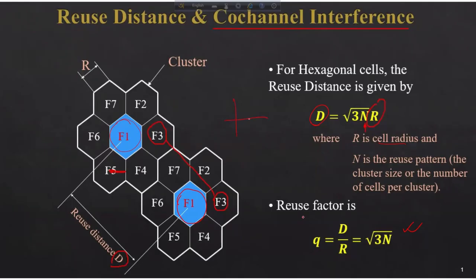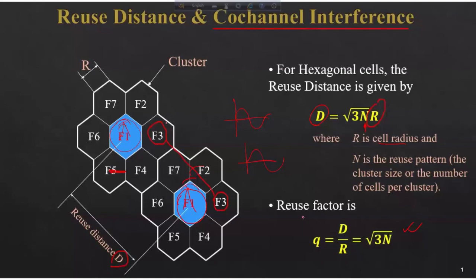When two signals have the same frequency, say for example, from this cell one base station is transmitting some signal with F1 frequency, and from this base station, this transmitter is also transmitting some signal with F1 frequency.